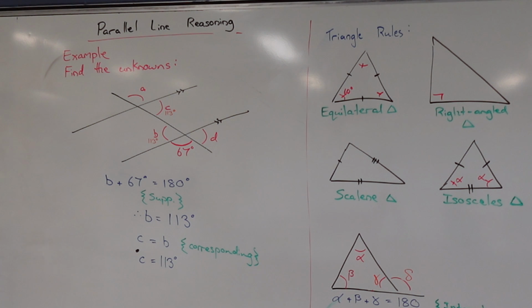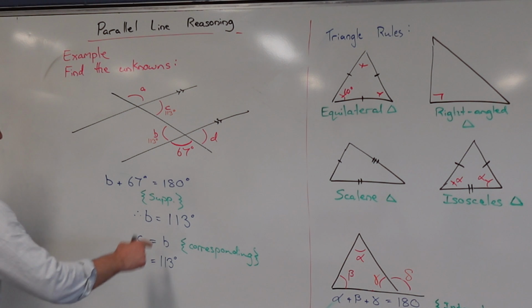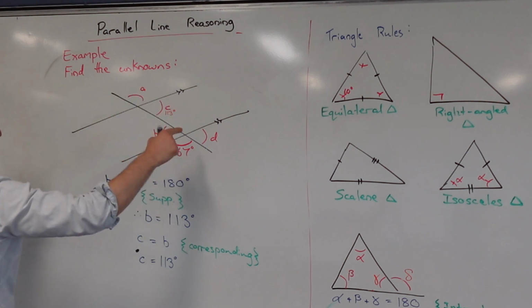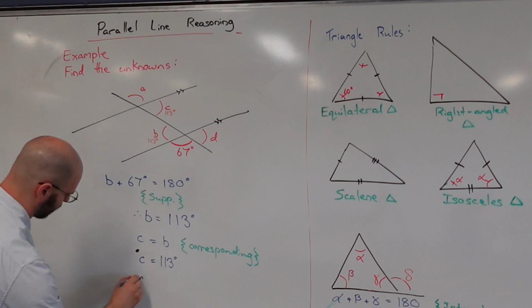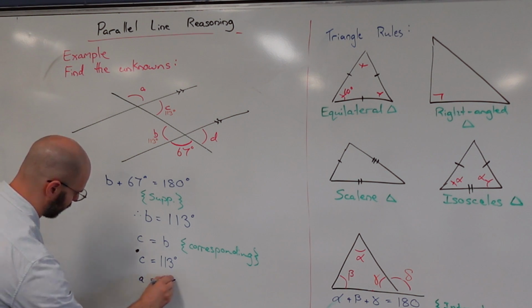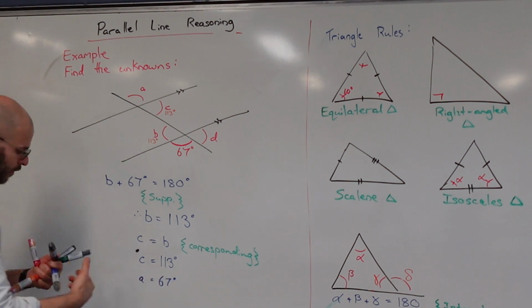Vertically opposite. So A is equal to 67. Through what reasoning? They're vertically opposite.